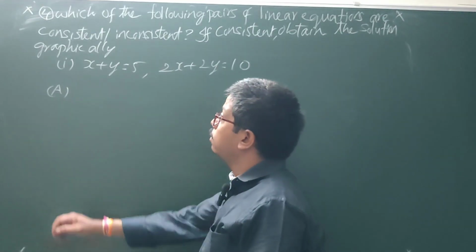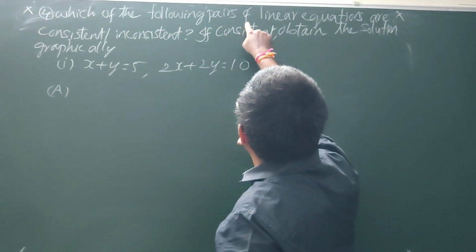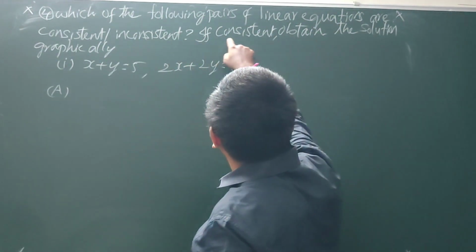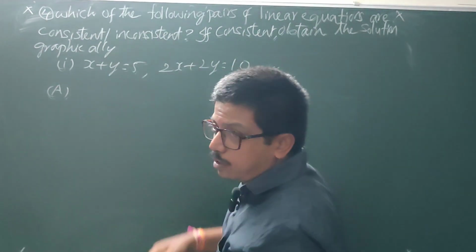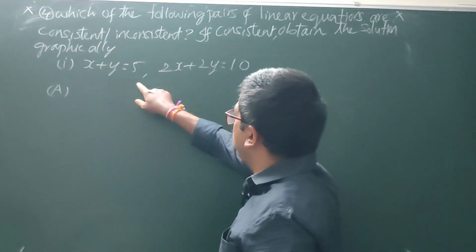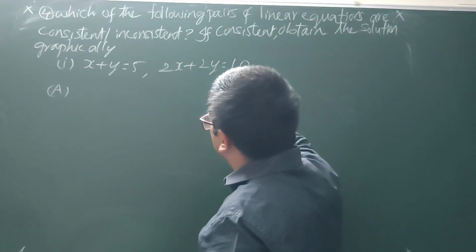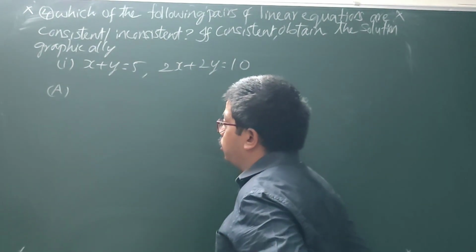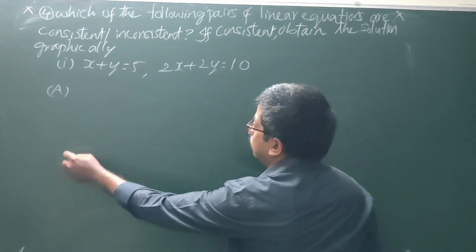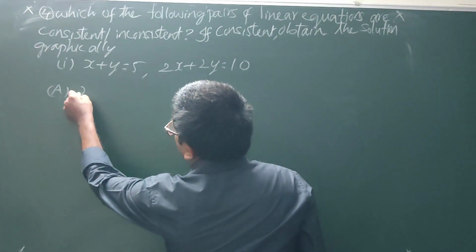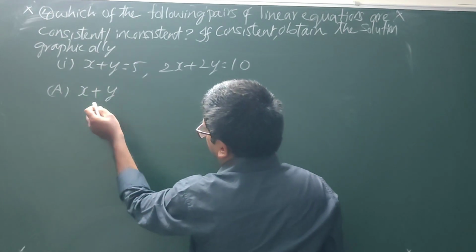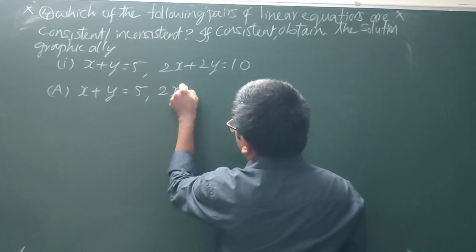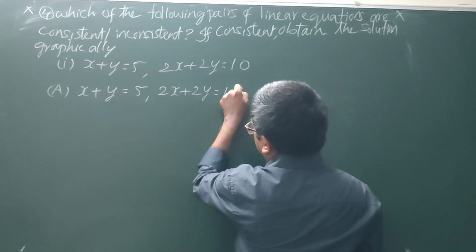Now, fourth question: which of the following pairs of linear equations are consistent or inconsistent? If consistent, obtain the solution graphically. First question is x plus y equal to 5, 2x plus 2y equal to 10. For that, let us compare first the coefficients.